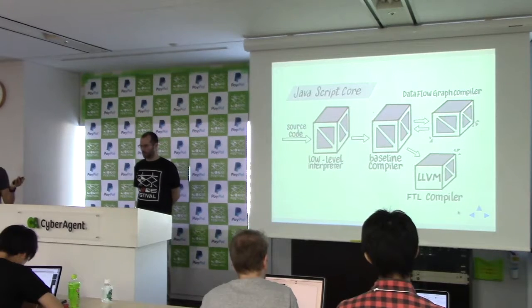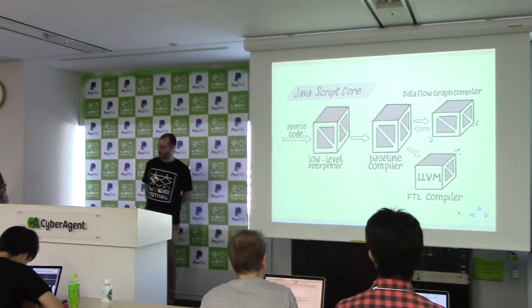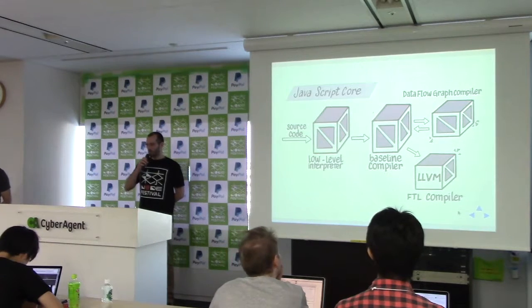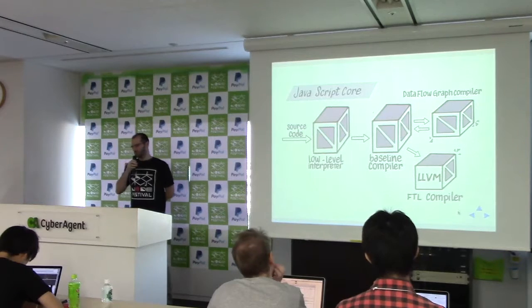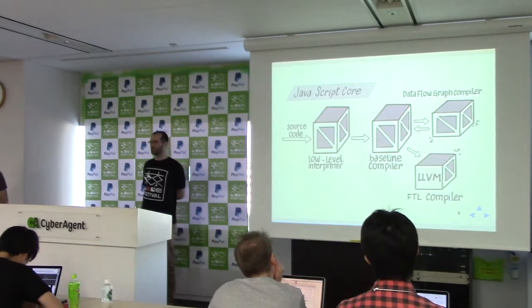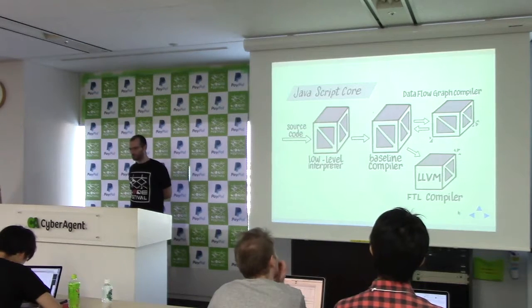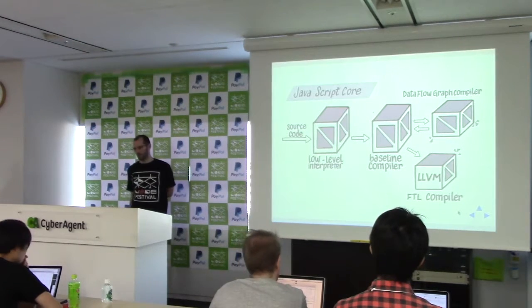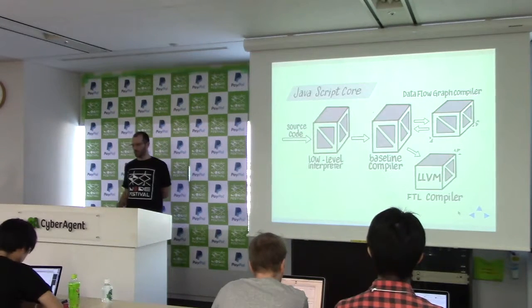So JavaScript Core, the engine that powers Safari, has a similar architecture, four tiers. It also has an interpreter on the left, a compiler, an optimizing compiler, and on the right, two optimizing ones, DFG and FTL.